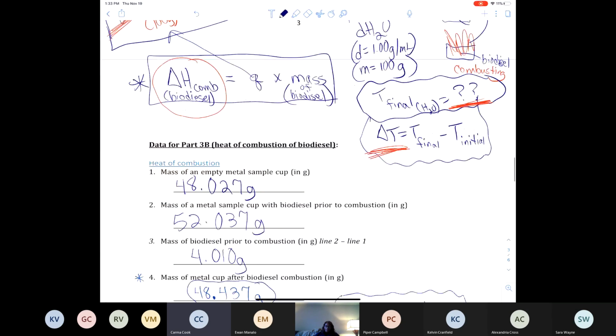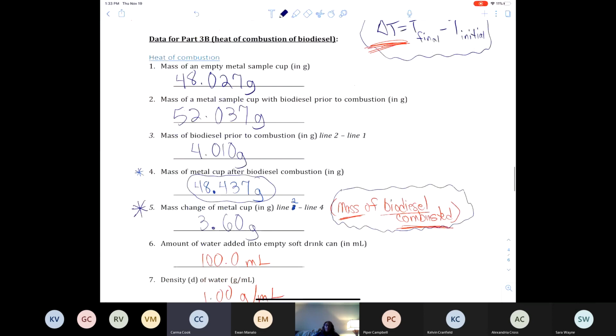Are there any questions about the combustion of biodiesel part of our lab?